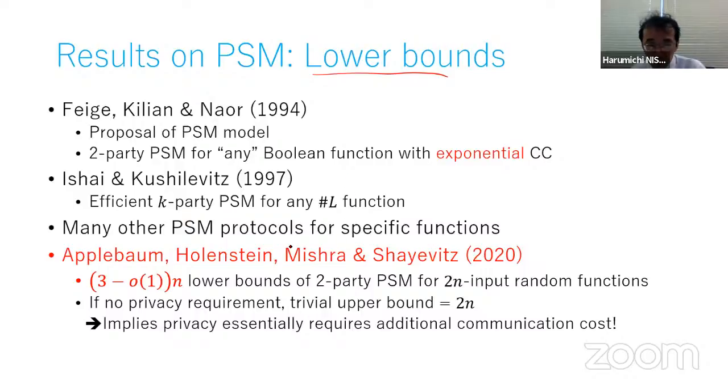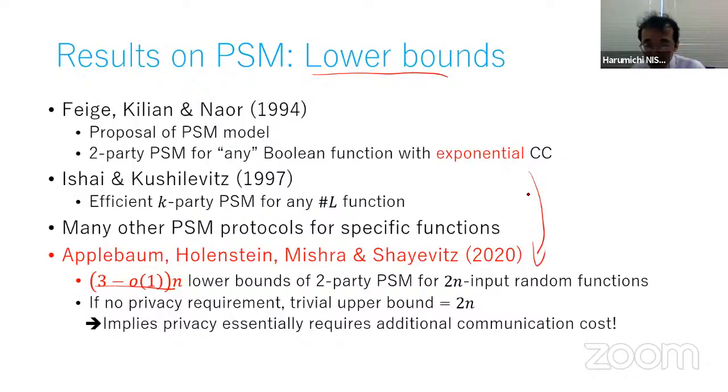The most famous result, which is very recent, is a 3n lower bound for two-party PSM for a random function with 2n input bits. So you might consider this a very weak lower bound.